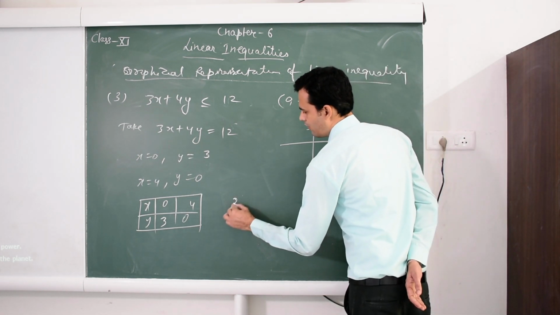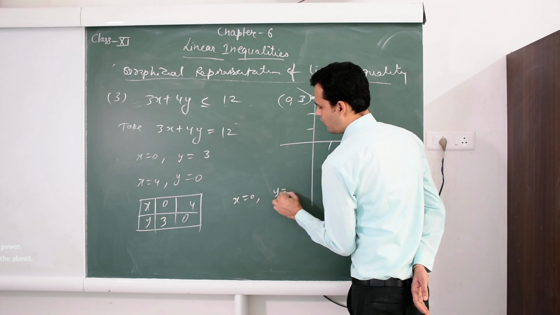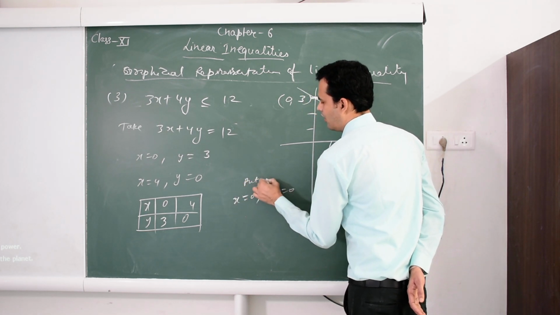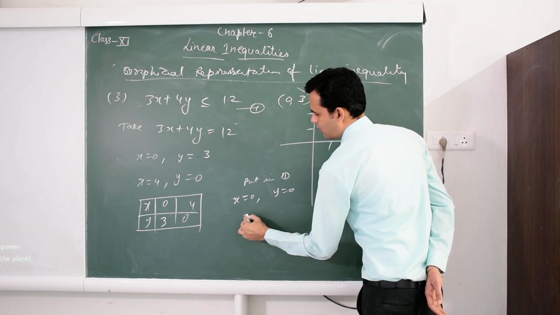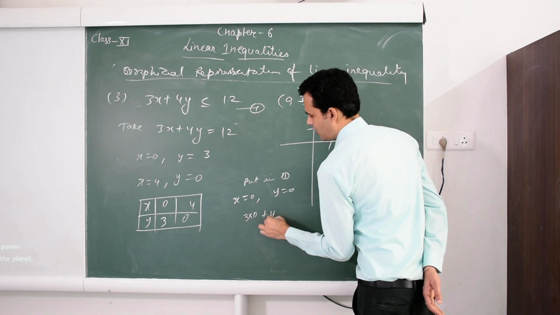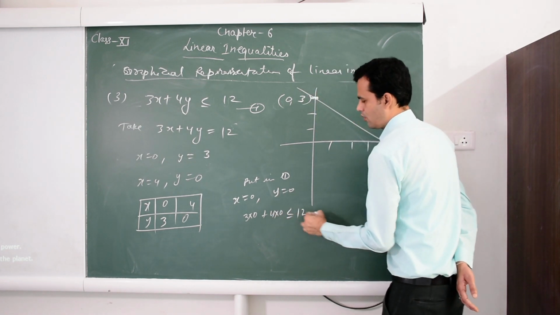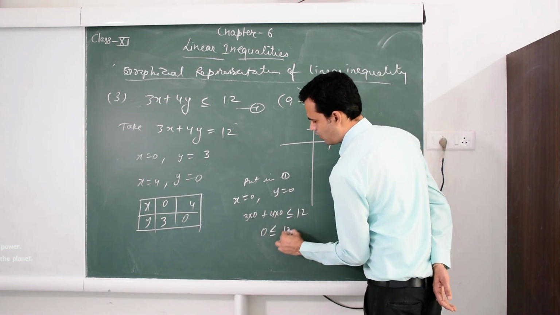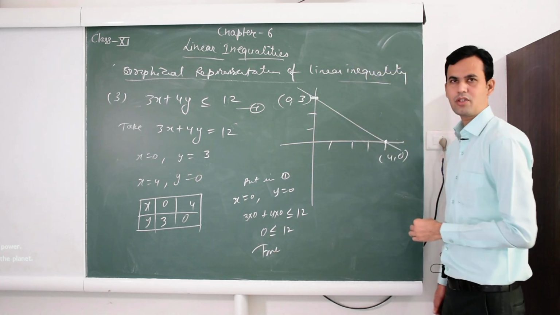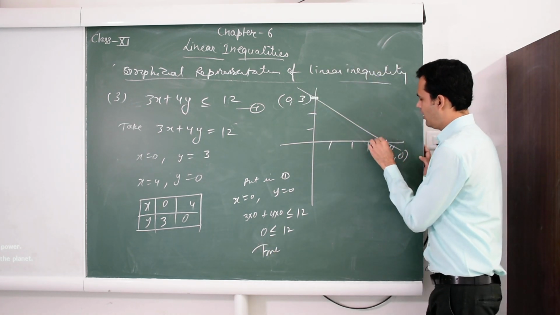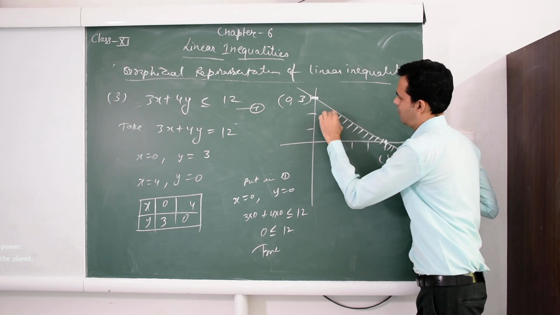For this we put x equals to 0 and y equals to 0 in the inequality. So 3 into 0 plus 4 into 0 less than or equal to 12, 0 less than or equal to 12. This is also a true condition, and if the condition is true, then the shaded region will be towards the origin.